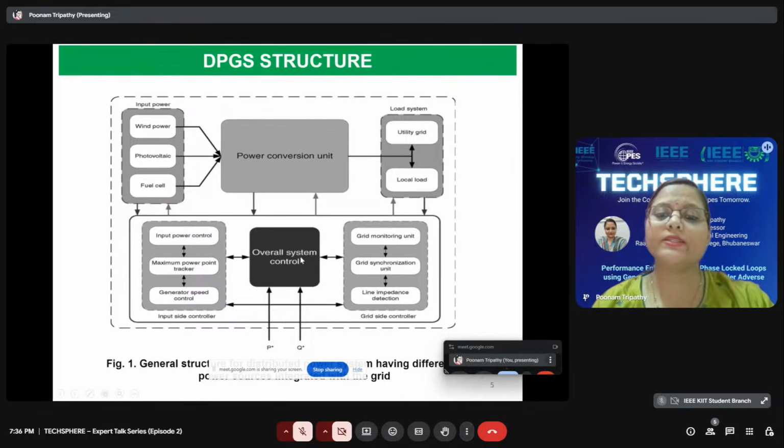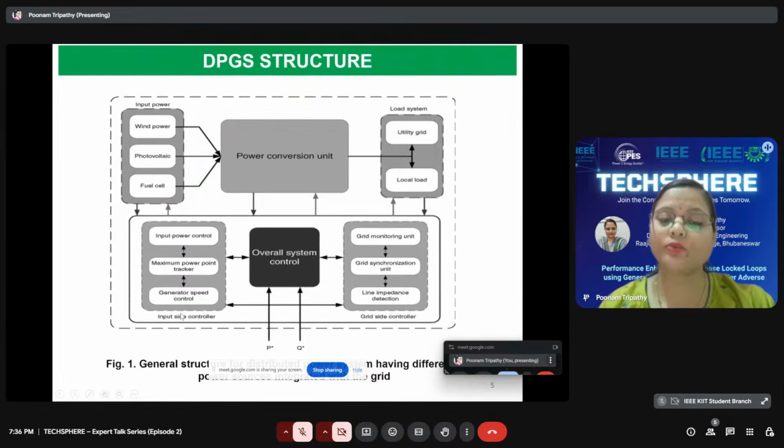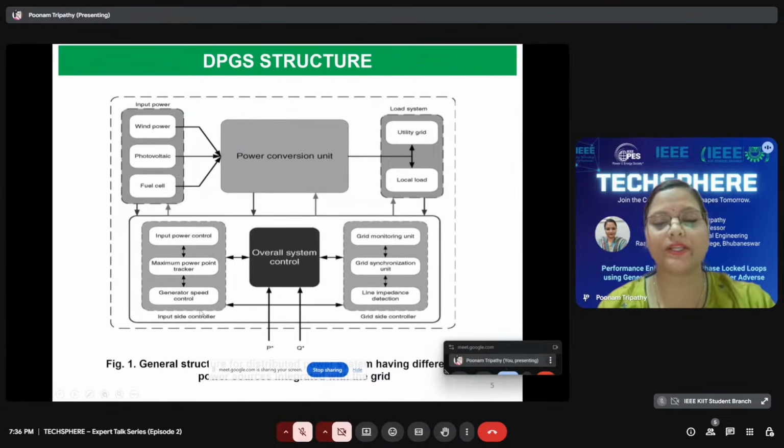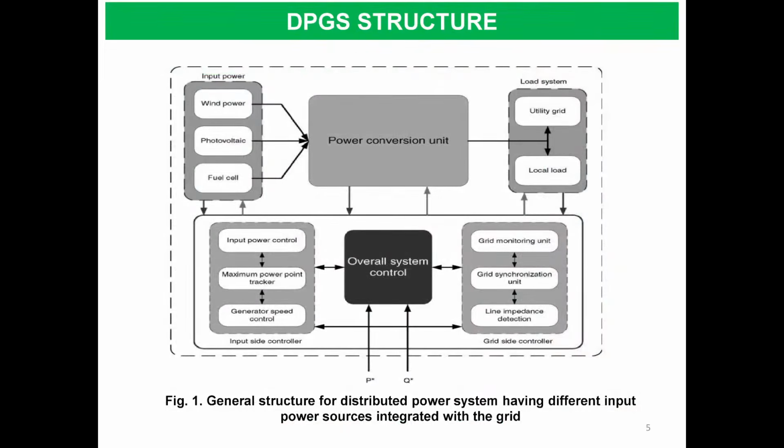So the overall control system is classified into two types. One is the input side controller and the other is the grid side controller. The functions of the input side controller are input power control, input side protection, maximum power point tracking, and generator speed control. Whereas the control actions carried out by the grid side controller include grid monitoring, grid synchronization, line impedance detection, DC link voltage control, active power control, and reactive power control.